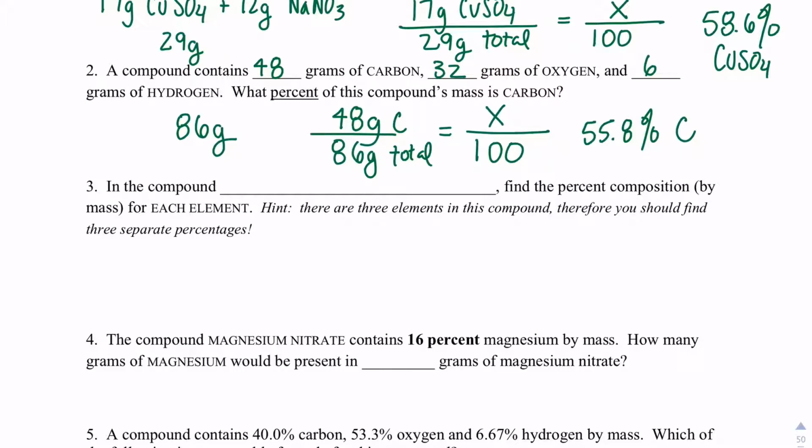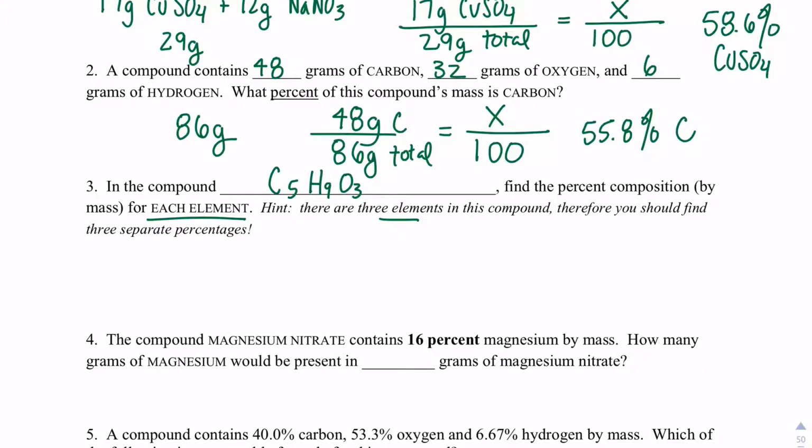In the last one, for number 3, let's say we have the compound C5H9O3. Find the percent by mass for each element in the compound. So there's 3 elements. That means you should find 3 separate percentages.